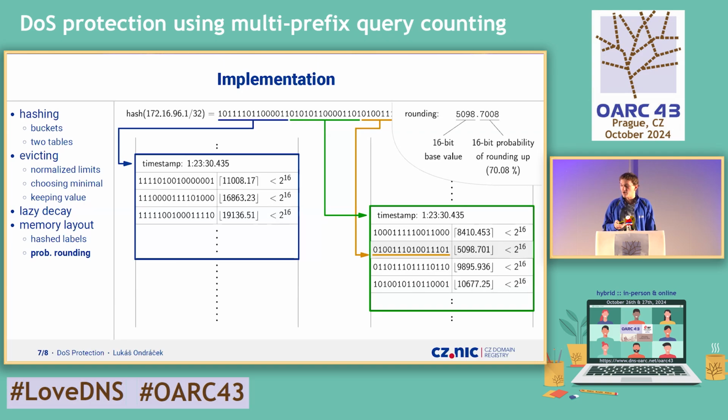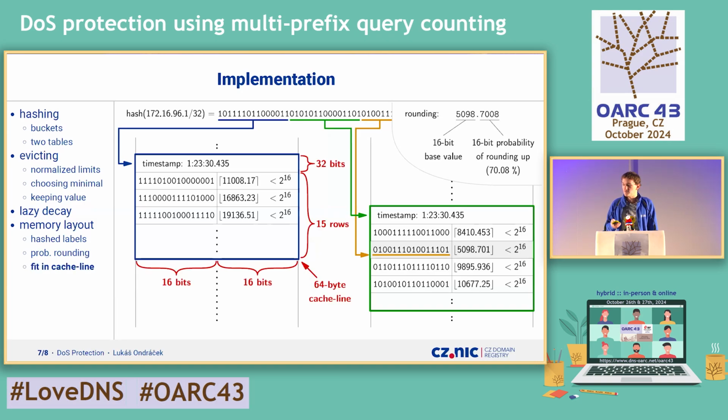So our stored values are also 16 bits, and we store 15 rows in a bucket, which means that the whole bucket will be 64 bytes long, which is the same as the cache line. So each time we access the memory, we need to transfer the whole cache line.